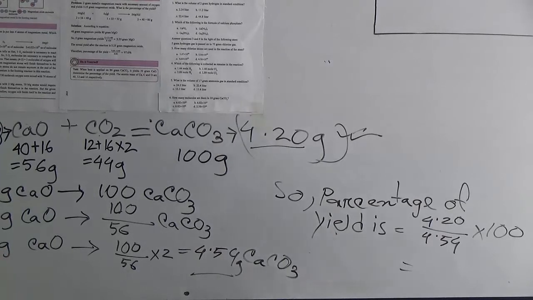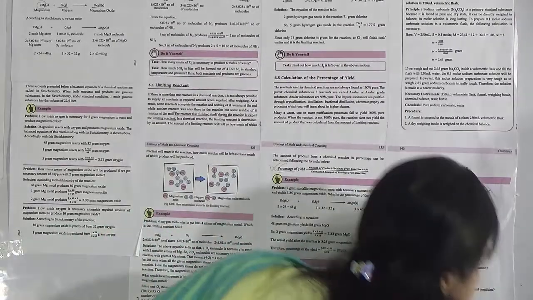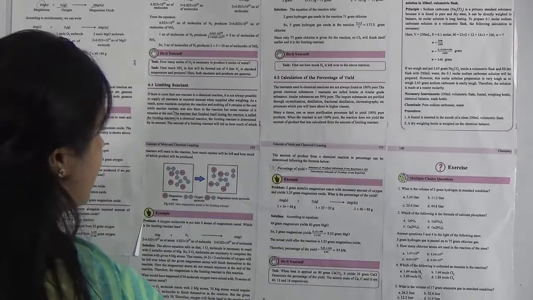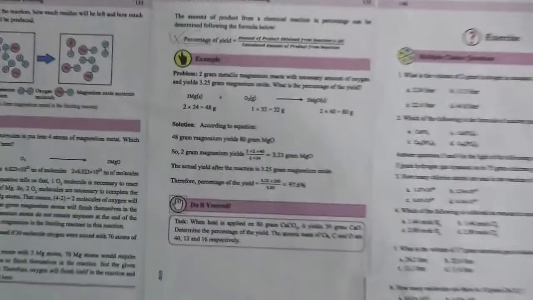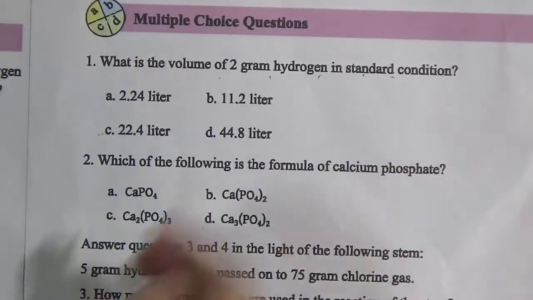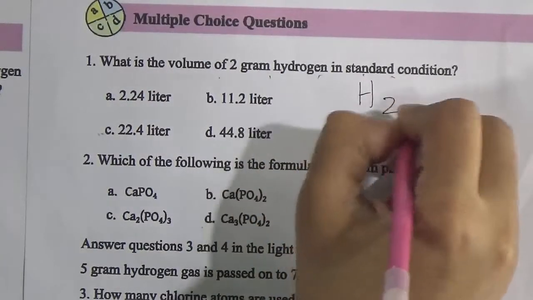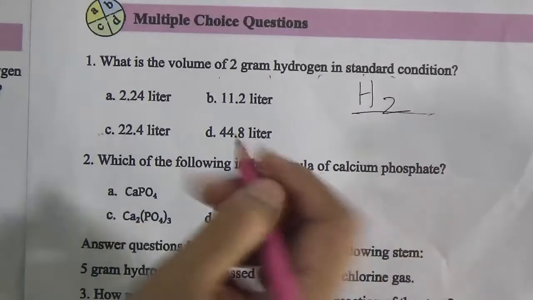So students, this was our discussion of the chapter. Now come to the exercise. First question, MCQ question is, what is the volume of 2 gram hydrogen in the standard condition? Dear students, the molecule of hydrogen gas is H2.